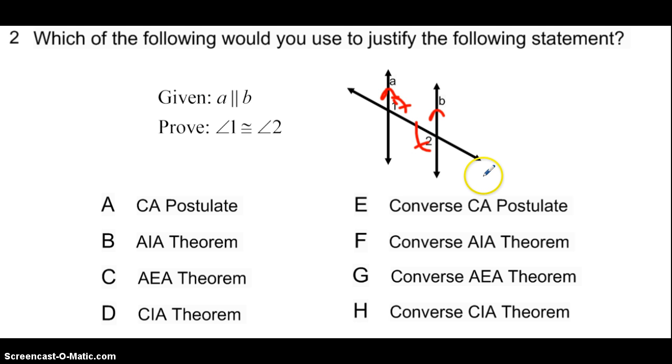That is our original theorem that we learned back in section 3.2. Therefore, your final proof statement would have the reason of the alternate interior angle theorem, not the converse. Converse would be if we wanted to prove the lines parallel. So I hope you could see that difference. We will be doing proofs, and in the proofs of these, you will have to know whether to use the theorem or postulate versus its converse.